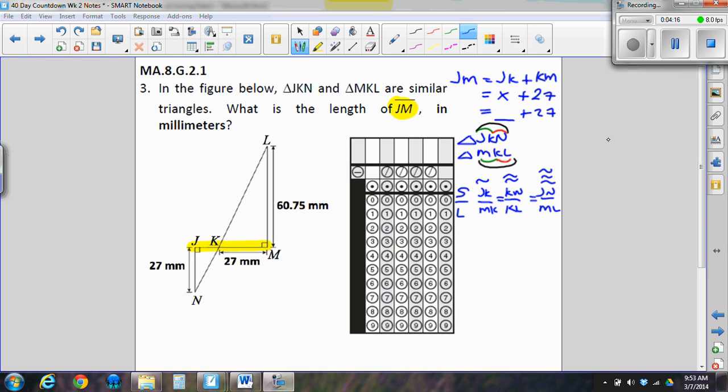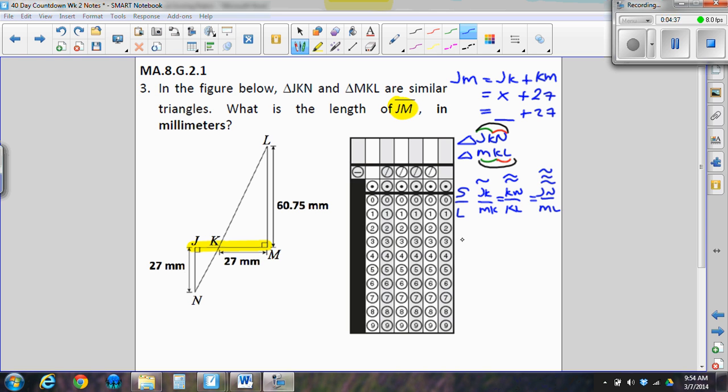So now that we've done that, we're going to set up a proportion using the pair that included the needed side and the pair that has numbers for both segments. We need JK to solve this problem, so we must use this pair.